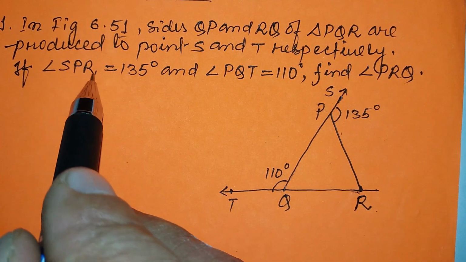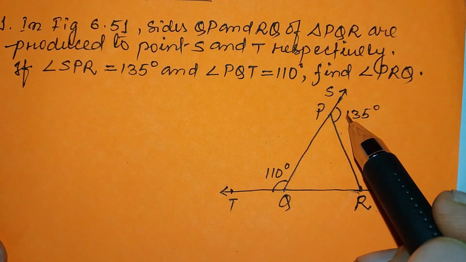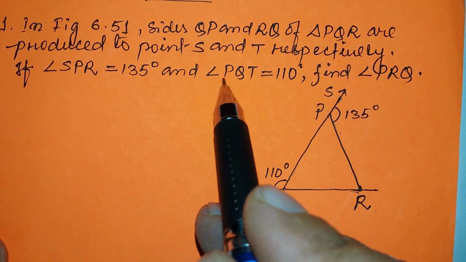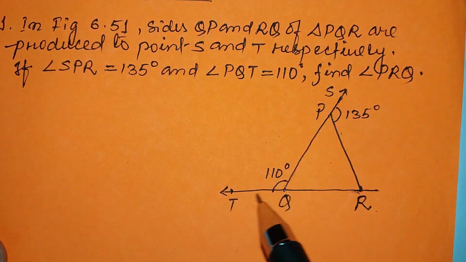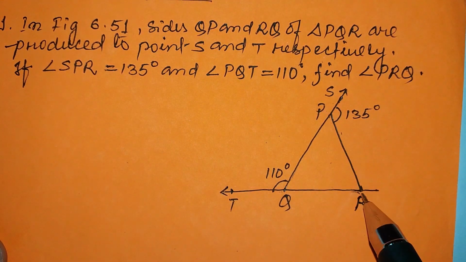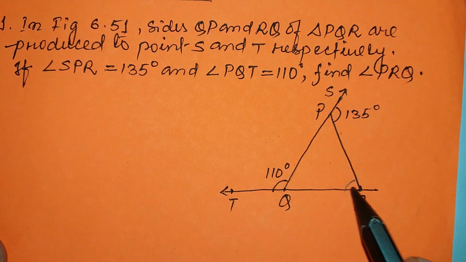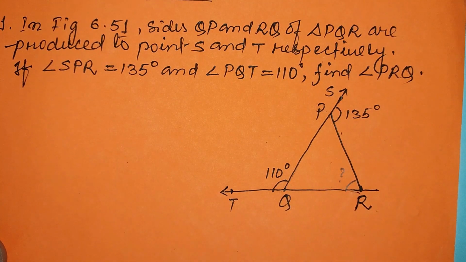If angle SPR is equal to 135 degrees and angle PQT is equal to 110 degrees, find angle PRQ. This is what we're going to find out.